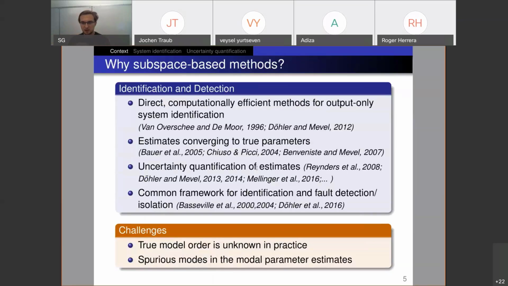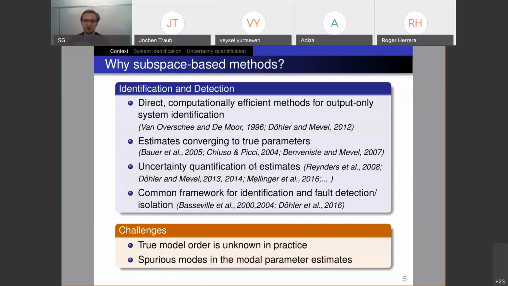Their estimates are asymptotically unbiased, meaning that they converge to the true parameters at infinity. There are well-developed uncertainty quantification schemes for the subspace-based methods, which is the main topic of this webinar. And for the subspace-based methods, there's a common framework that wraps the subspace methods in identification and fault detection and isolation, which is also well known by the community and used in structural monitoring.